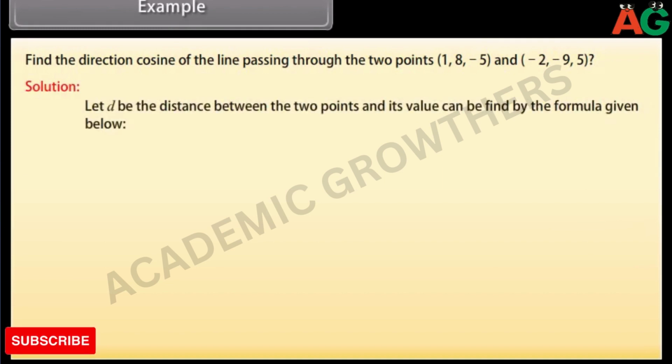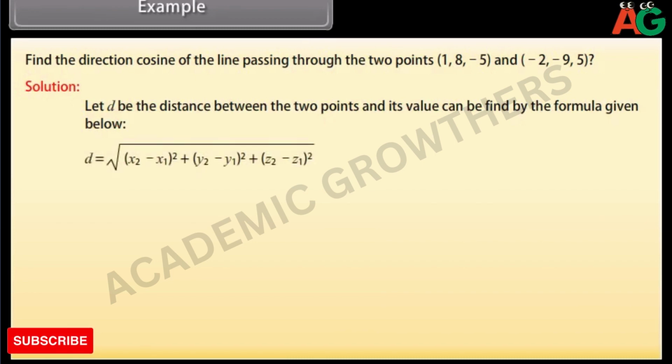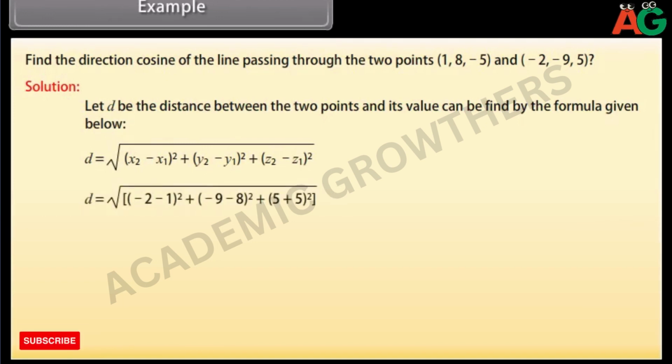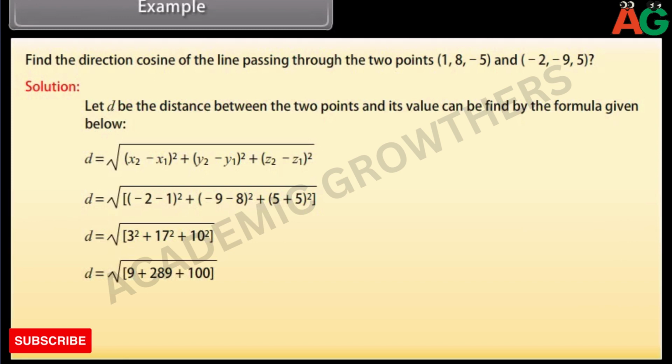Let d be the distance between the two points, found by the formula d equals the square root of (x2 minus x1) square plus (y2 minus y1) square plus (z2 minus z1) square. d equals square root of (minus 2 minus 1) square plus (minus 9 minus 8) square plus 5 square. d equals square root of 3 square plus 17 square plus 10 square. d equals square root of 9 plus 289 plus 100. d equals square root of 398. d equals 19.94.